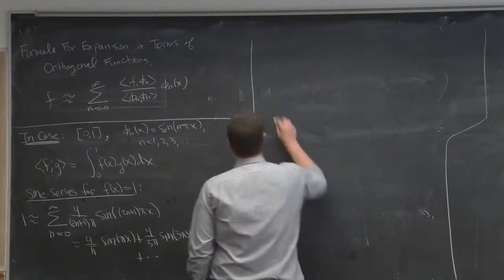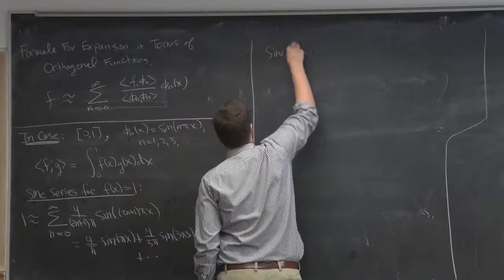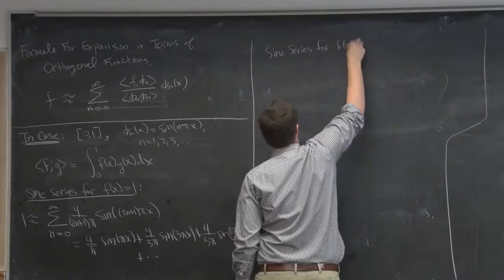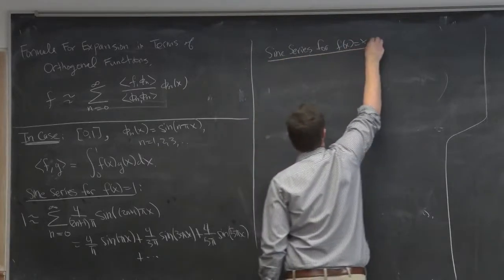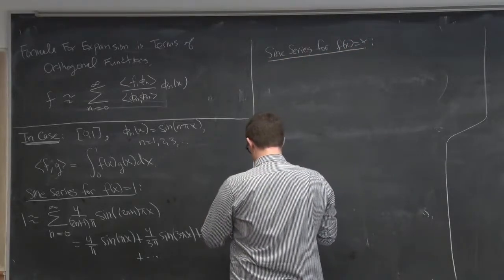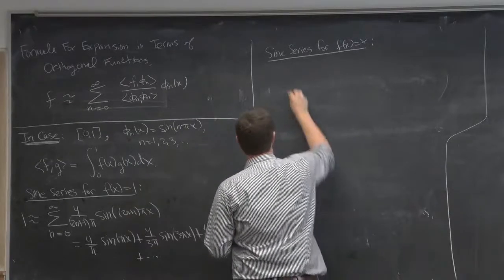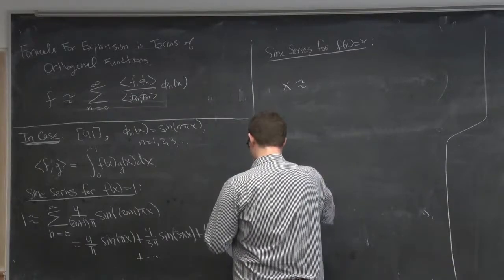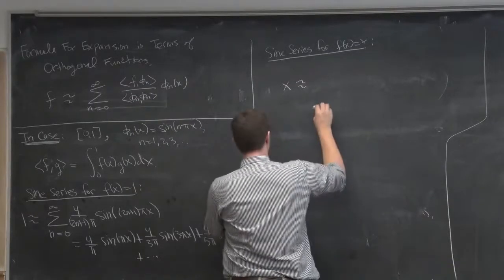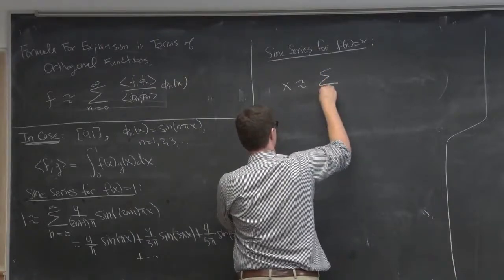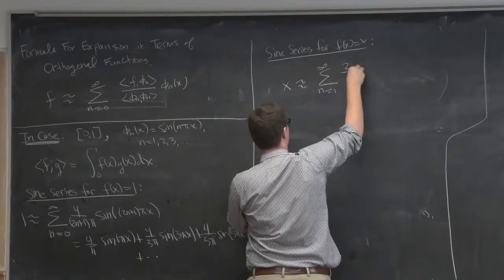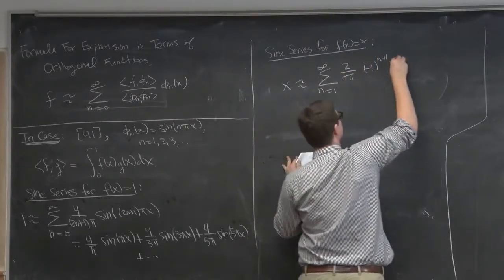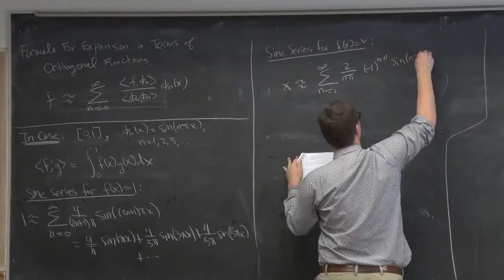And then we had the sine series for f of x is equal to x. Okay? And so here we had that x, so we have this, it's 2 sum from n is equal to 1 up to infinity of 2 over n pi negative 1 to the n plus 1 sine of n pi x.